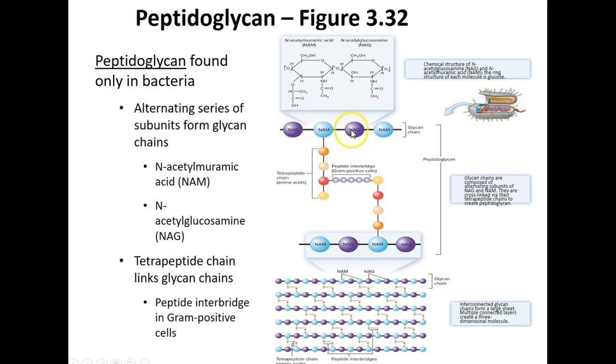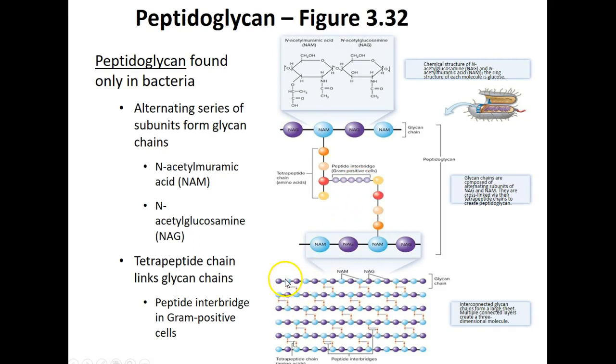You can see that they're linked in a glycan chain, just means it's a long chain of sugars. And then projecting from your NAM residues is typically a tetrapeptide chain. It's a chain of amino acids. And it's these tetrapeptide chains that allow for cross-linking between the NAG and NAM layers of the bacterial cell walls.